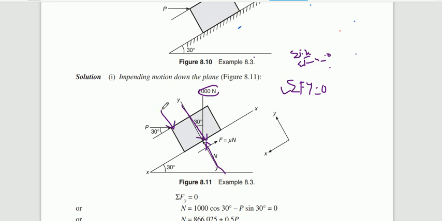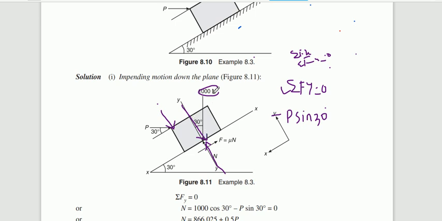So this value is P sin 30 degree, and the direction is moving downward, therefore you have to consider it as negative. Here different sign conventions are there, don't get confused. Whatever sign convention you follow from the beginning, follow the same thing, and the answer will be the same.